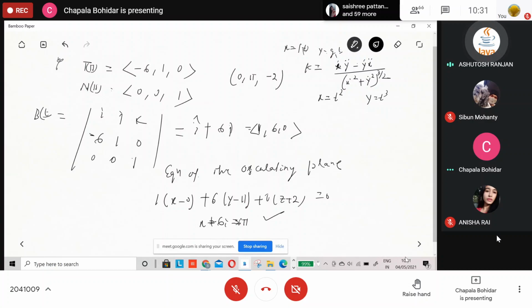And 6 by t to the power 4 into, in the denominator, 1 plus t square to the power 3 by 2. You are saying that you got 6 by t to the power 4?